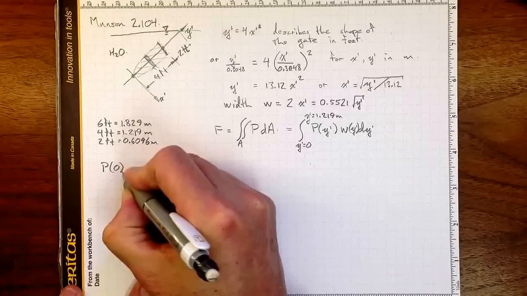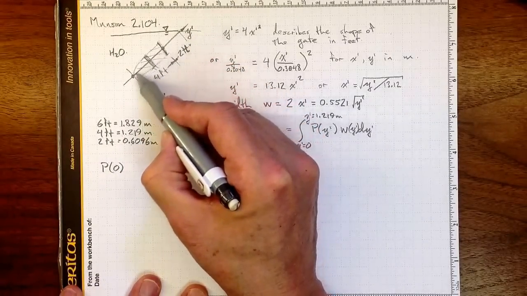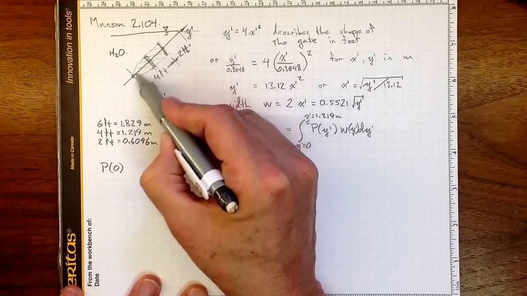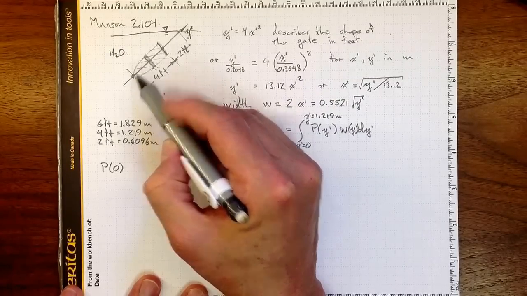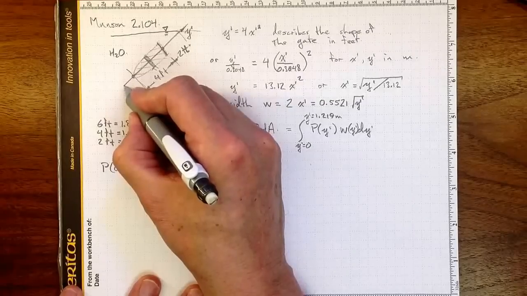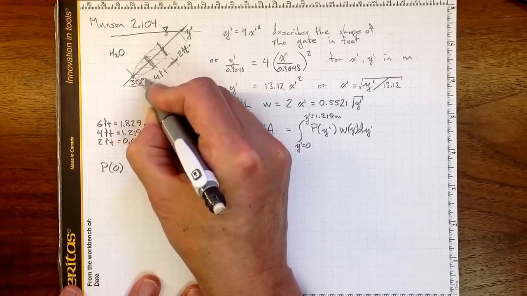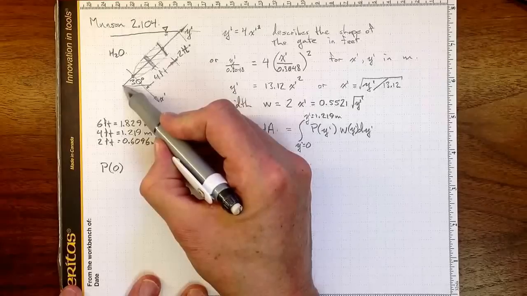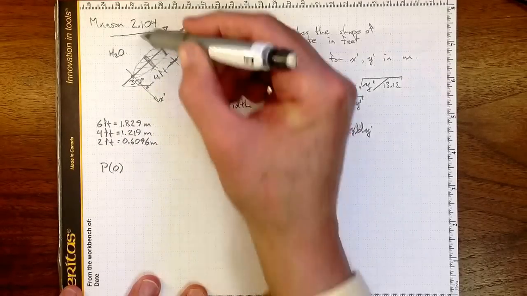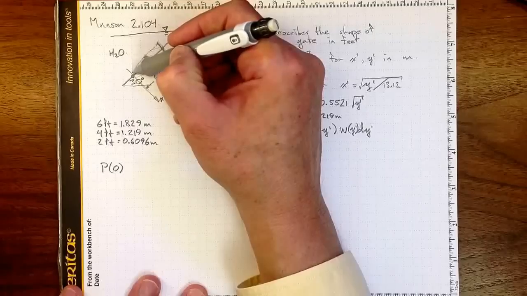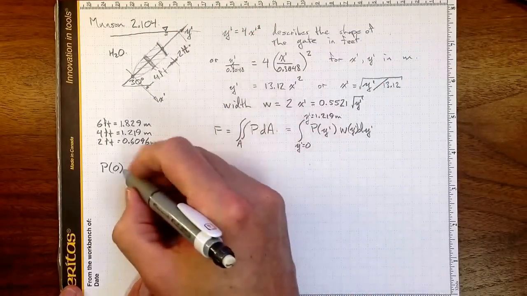P of y prime equal to 0 is under the water by 6 feet, but that's at an angle. And it says that that angle is 30 degrees. So if that's 30 degrees, then to get this distance down here, that's going to be the sine of 30 degrees.